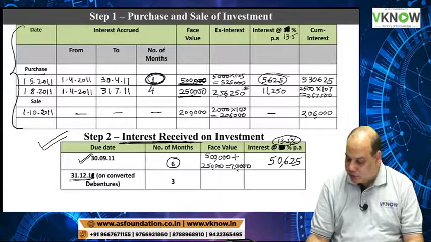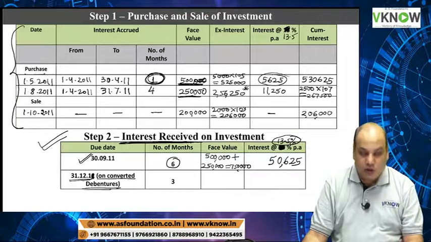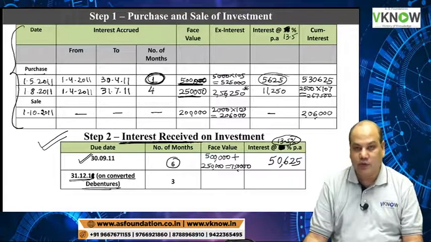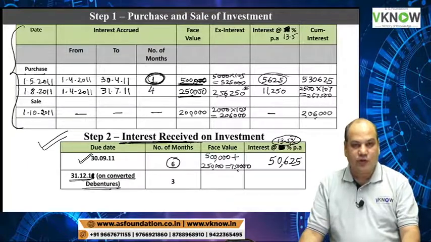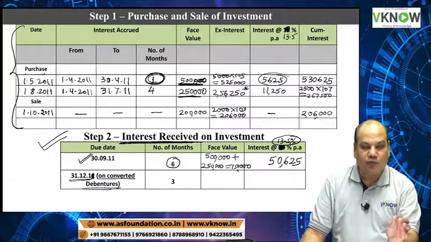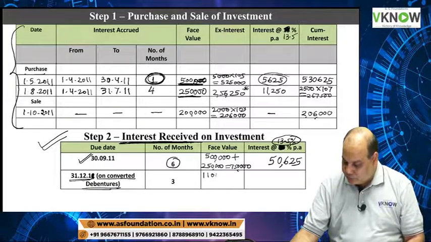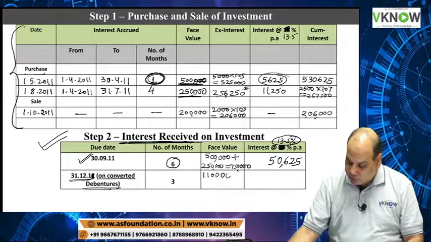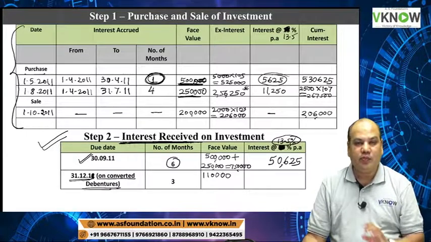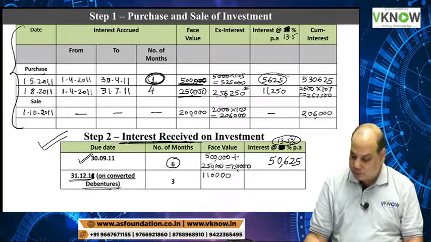And you will also receive interest on 31st December 2011 on converted debentures. We had discussed while reading the problem that debentures will be converted, will be 1100 debentures. Face value of those converted debentures will be 1100 into 100, 1,10,000.